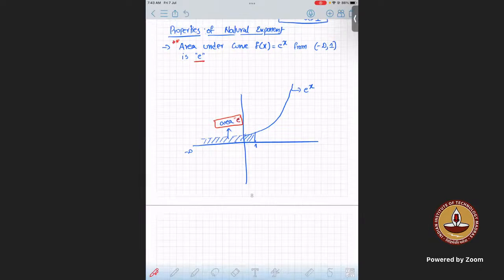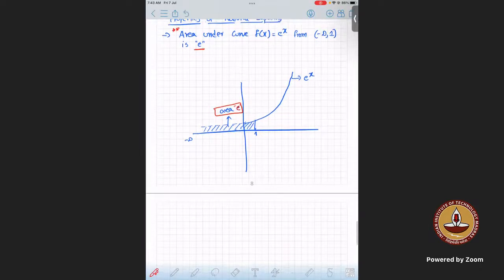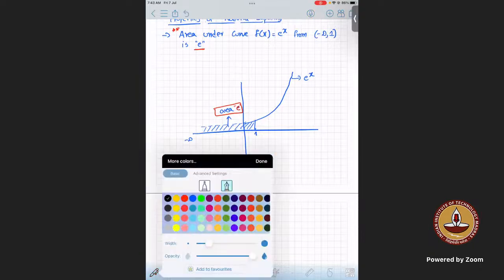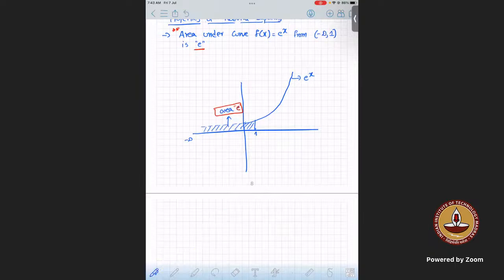And then coming to the next one. Sir, can we calculate unbounded area? We can calculate it. Actually, you will take it as bounded from minus infinity to 1.